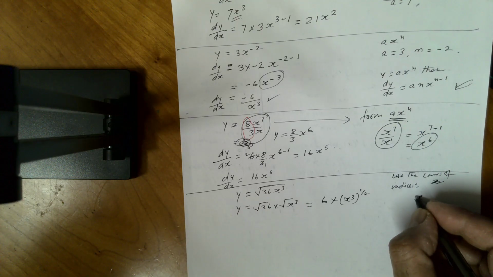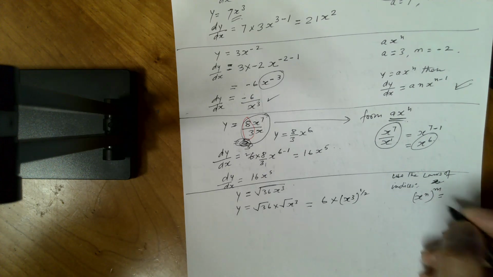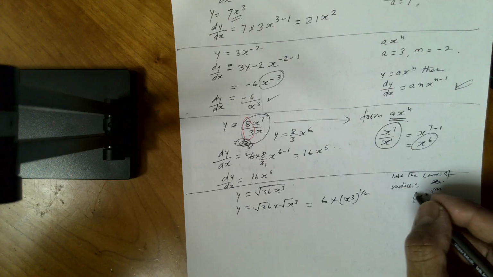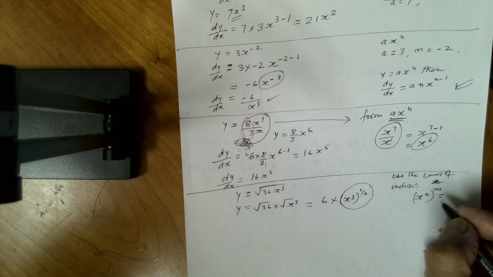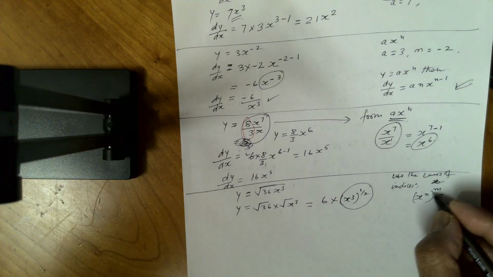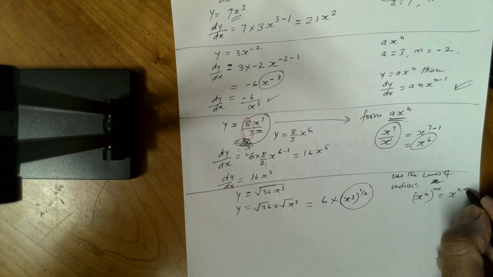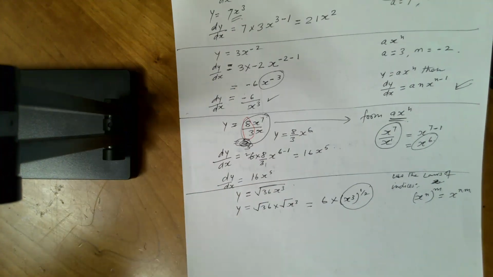If you have x to the power n, and then you have another power m, what you do is multiply these powers. So then you have nm, which means n multiplied by m.